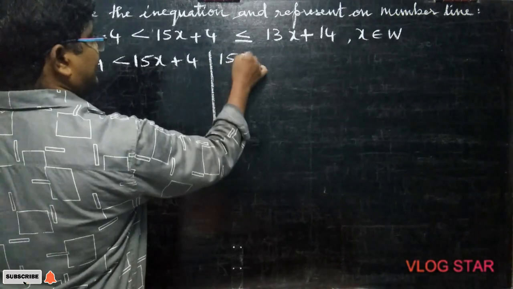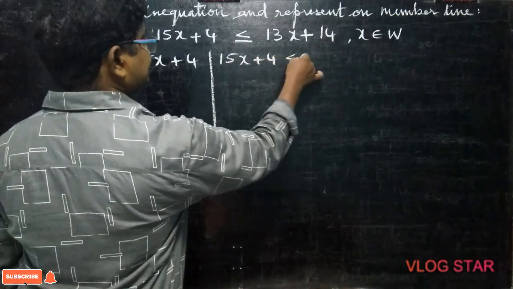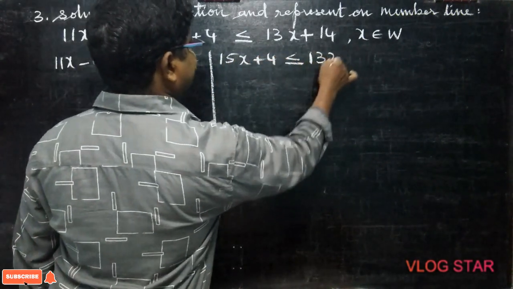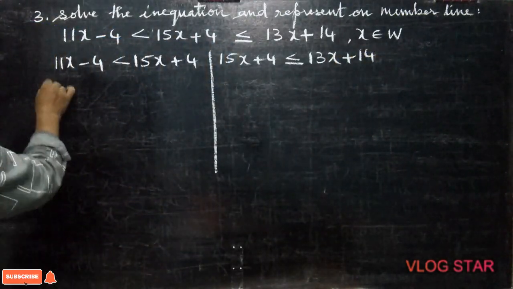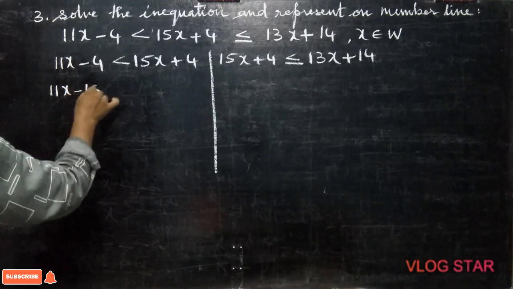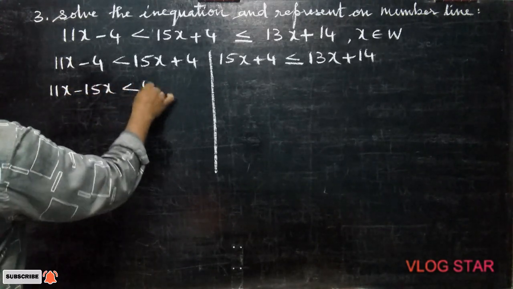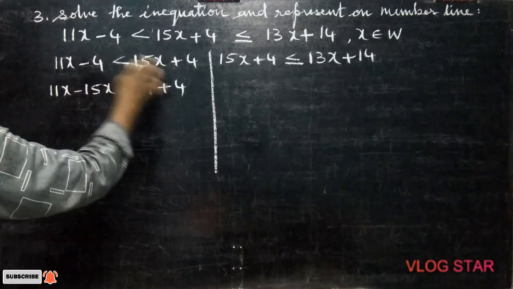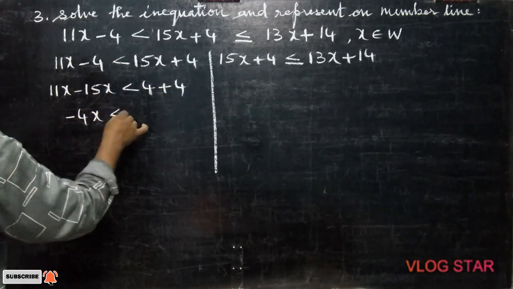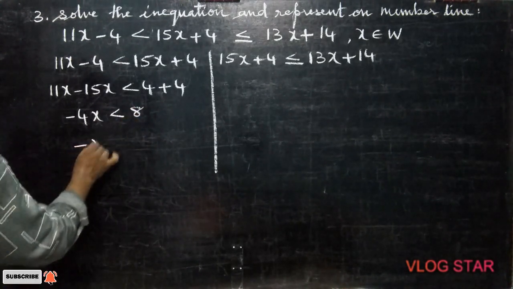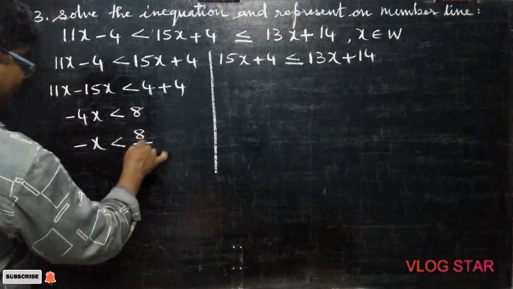Next one, 15x plus 4 less than or equal to 13x plus 14. Now 11x minus 15x less than 4 plus 4, minus coming from left to right becomes plus. So here minus 4x less than 8. Here minus x less than 8 by 4.